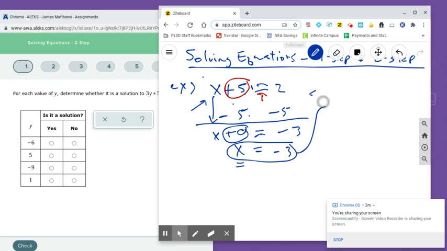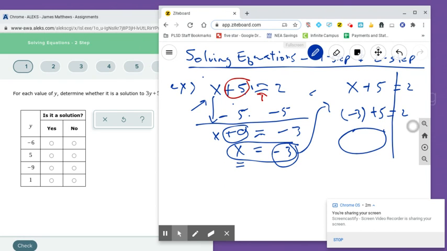I can always check that. By checking, I start off with the original. Since my x is negative 3, instead of x, I write negative 3, and that's plus 5 equals 2. Now, when you're checking, you're just doing one side and you'll get an answer, and on the other side you get an answer.